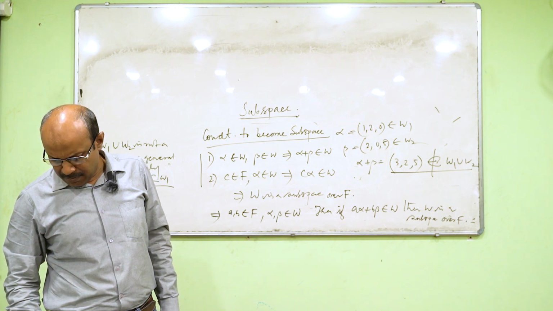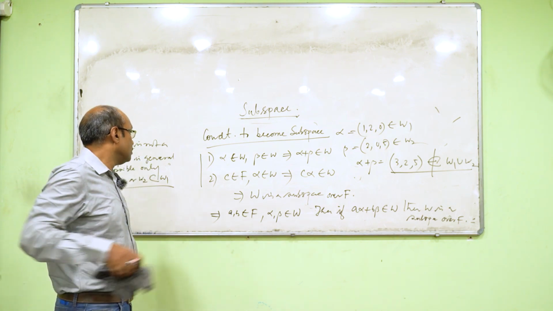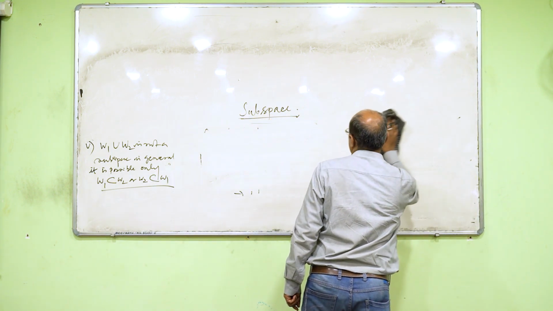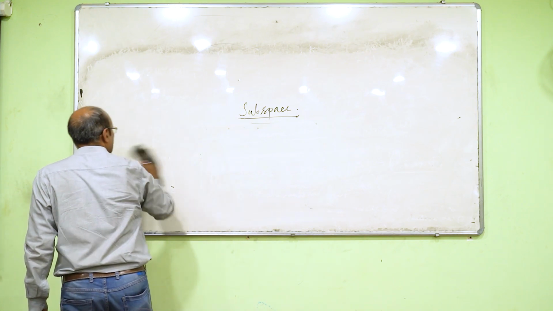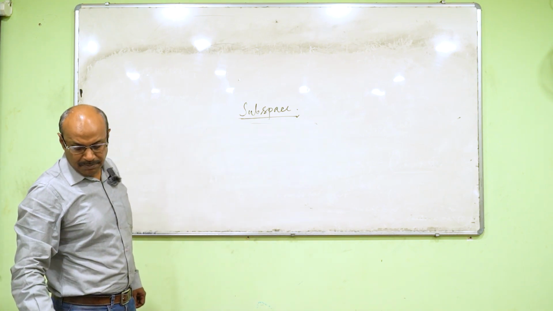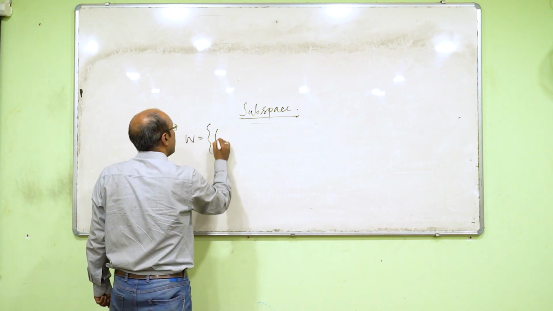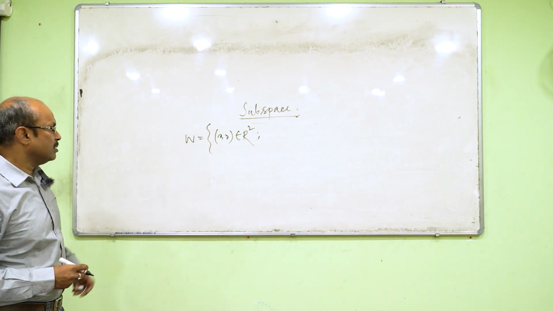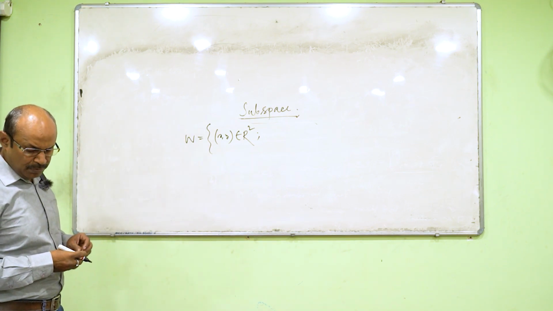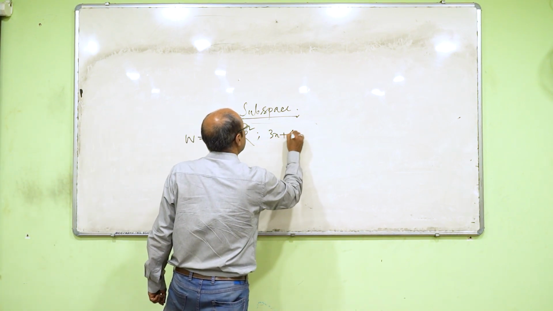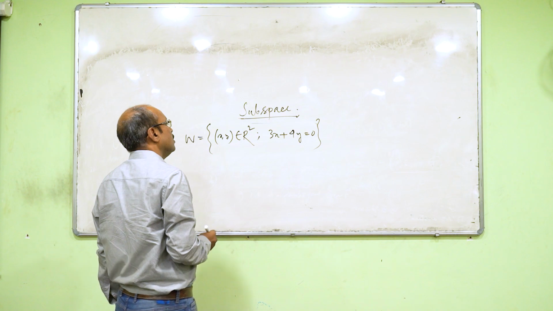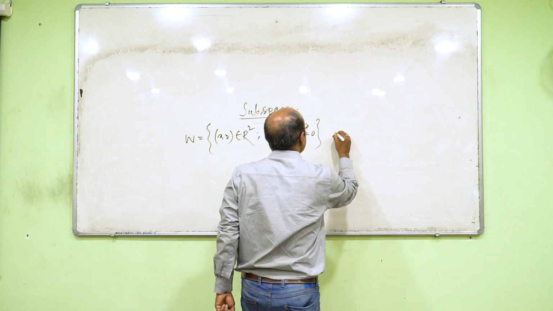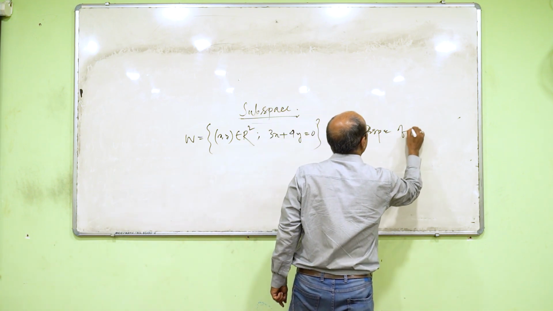Now we take some example. Let (x, y) be an element in R2 with a given property, and we have to show W is a subspace of R2.